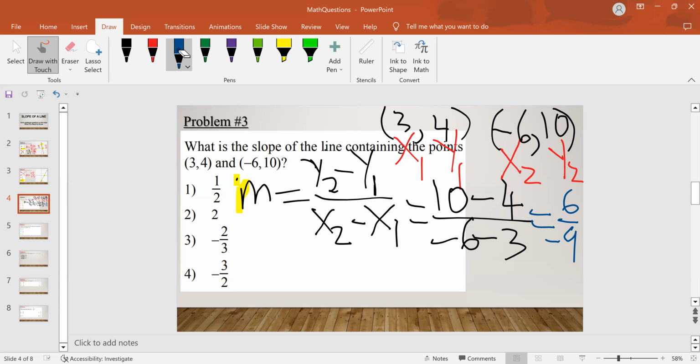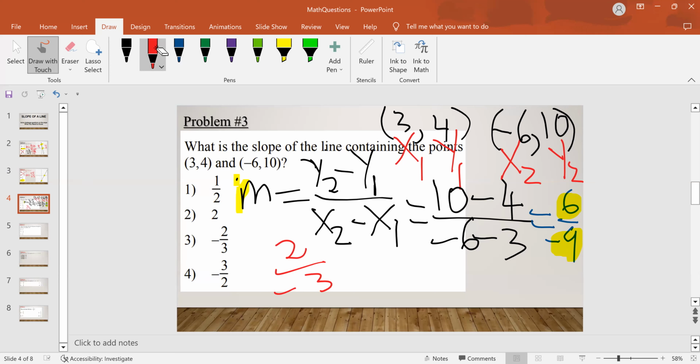Now, if you have 6 divided by negative 9, that means you have to reduce that fraction. To reduce it means we divide the numerator and the denominator by the same number. We can use 3. We divide 6 by 3, which gives 2, and negative 9 by 3, which gives negative 3.